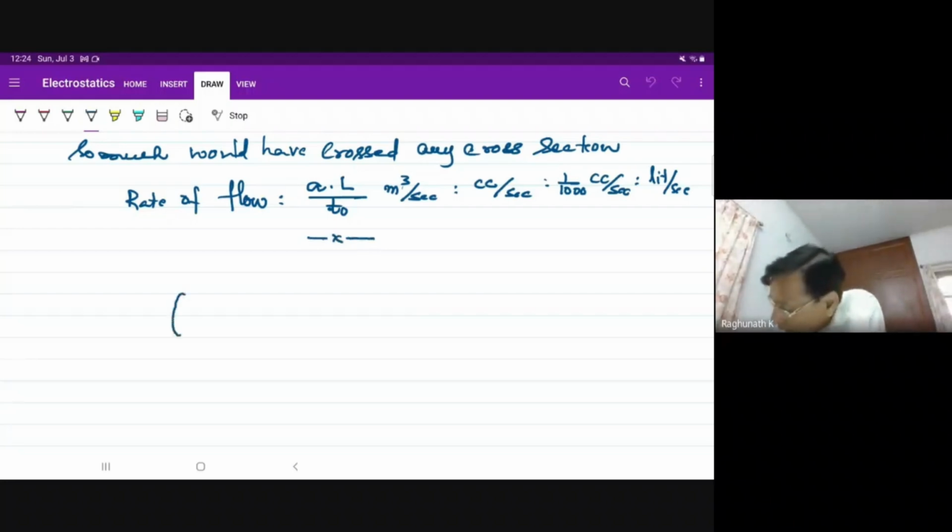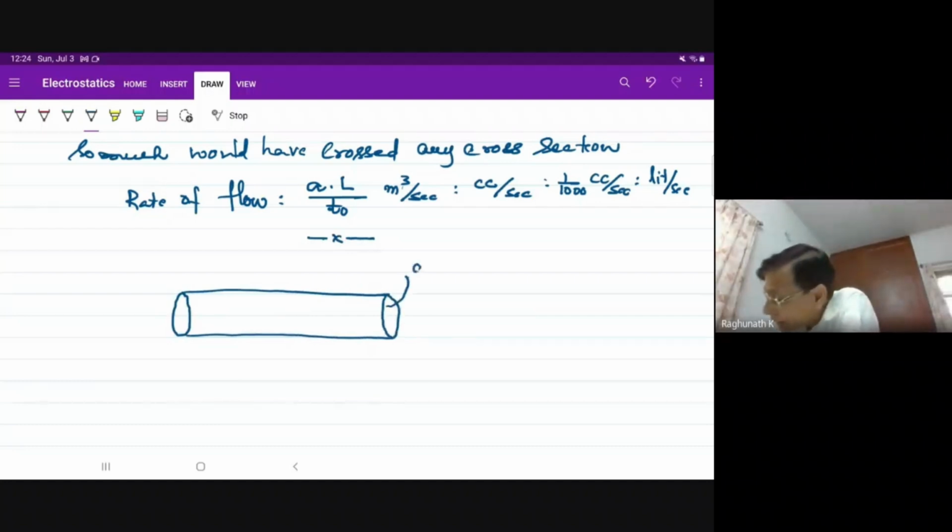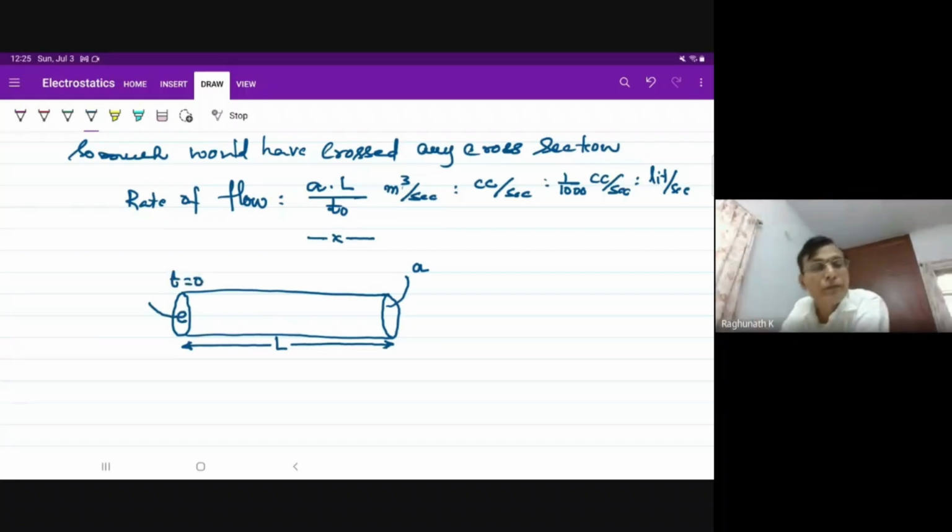Suppose I have a conductor, for the sake of considering it, of uniform cross section with cross sectional area A and length L. When the current is flowing through this conductor, charge is in motion.